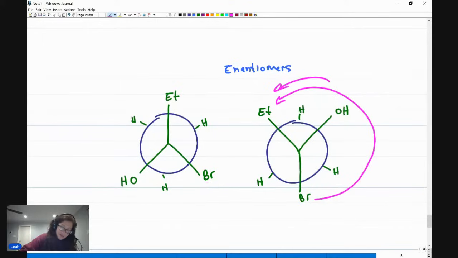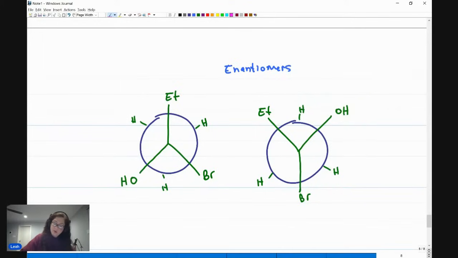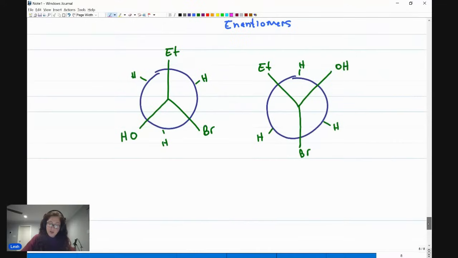If I do need to figure out R and S, I have seen people turn them into a 3D, turn them into a Fischer, turn them into a unicorn. How about we don't do any of that? Here's what I want you to do. Just number your priorities.